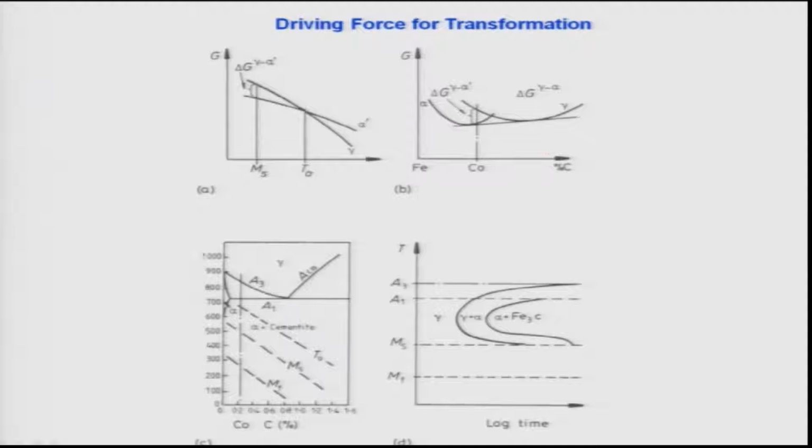You see here as a function of carbon concentration, this is for the alpha prime, basically this left hand side curve, and the right hand side curve is for the gamma. Therefore if I have a certain concentration C0, the distance between these 2 points is basically what is known as the driving force available.